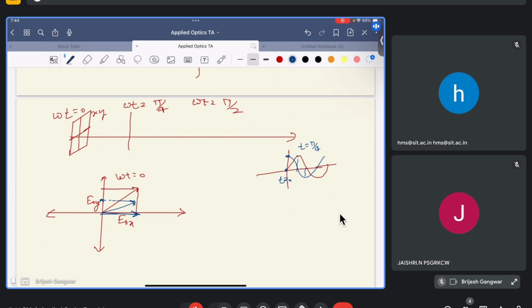Similarly, after pi by 4, this will be maximum. So all terms will come like that. On this axis, initially it was here, then it comes here, then it goes to this perpendicular line, then it comes here, and next this comes here. So the polarization vector will rotate with time.